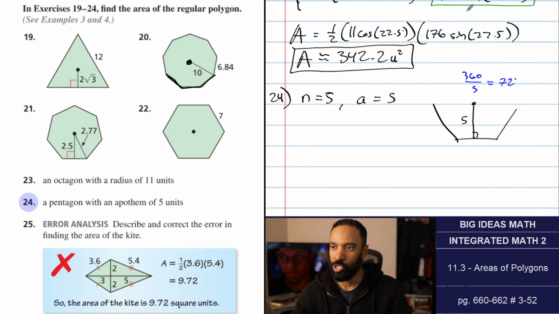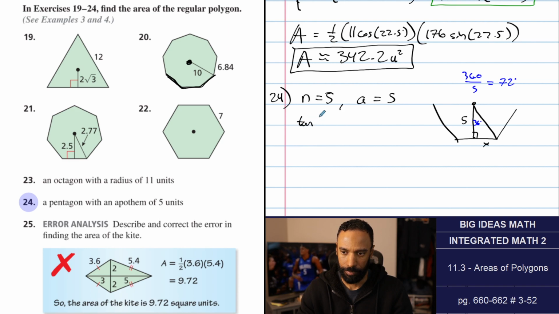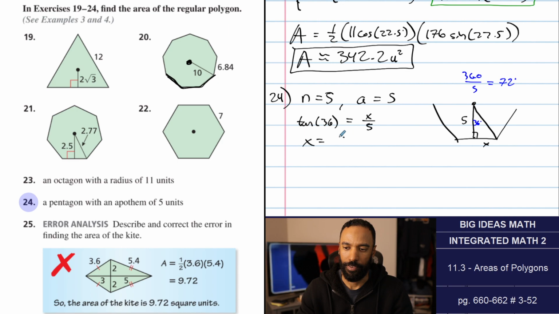When you divide that by 2, you get 36 degrees. So in this pentagon, we'll get 36 right here. We need to find this length, double it, and get the perimeter. So x is tangent. Tangent of 36 is x over 5. So x is 5 times the tangent of 36.